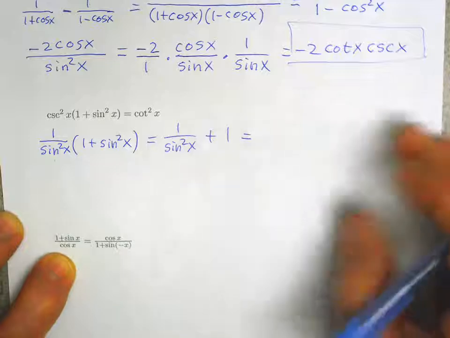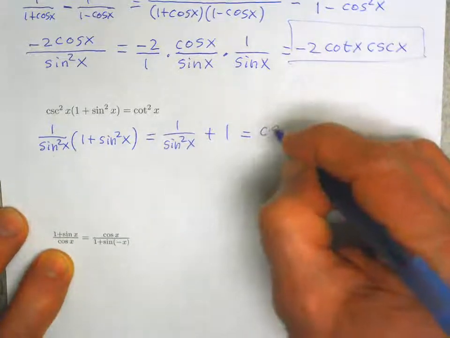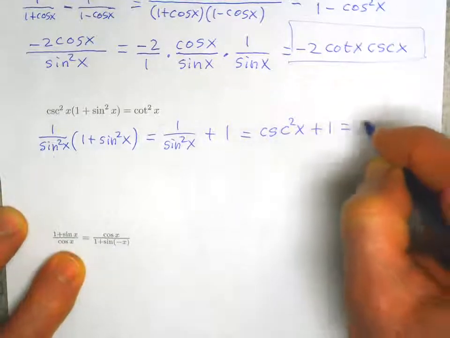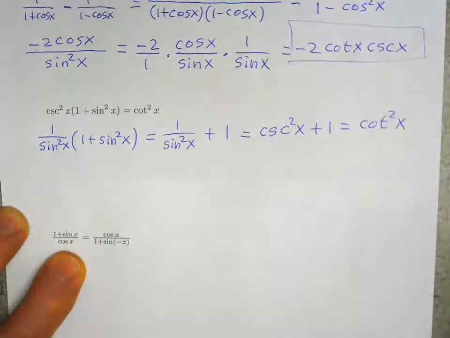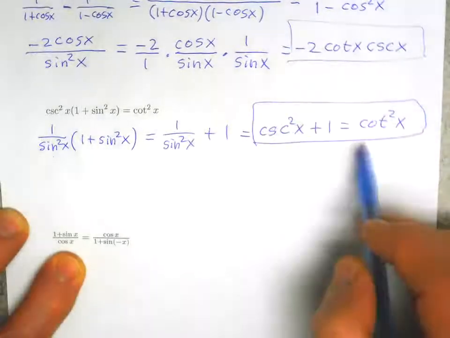And I'm going to rewrite this as cosecant of x squared plus 1 equals cotangent of x squared. Sorry. We're investigating now. Is this true?